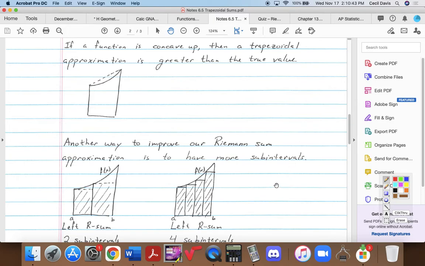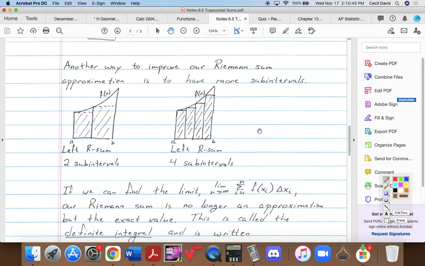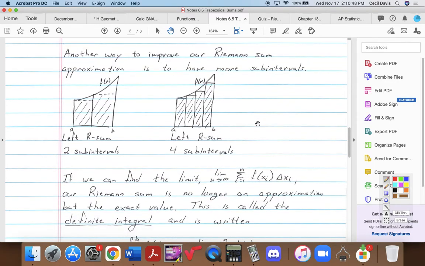Another way to improve our Riemann sum approximation is to have more subintervals. Why is that? Well, this is approximately the same graph of f of x from a to b. If we only divide it into 2 blocks, we have all this missing area. Whereas if we divide it into 4 rectangles, the sum of those little pieces that is left is smaller, so we're getting closer to the true value. It's a little bit like a pixelated picture.